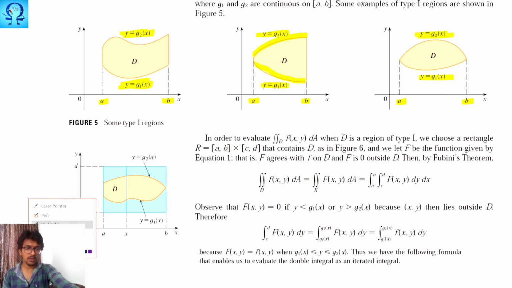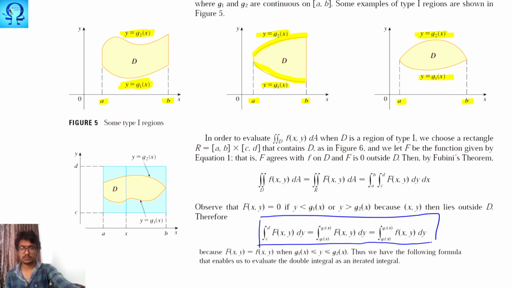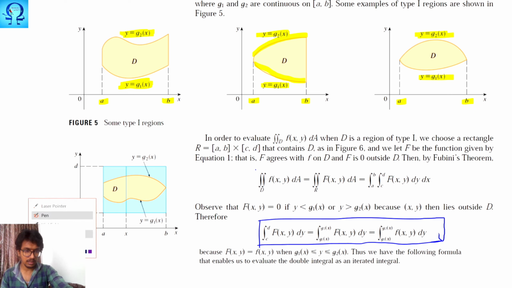In order to evaluate type 1 regions, what do we do? Initially we have it for a rectangle. Sorry, actually we have converted the general region to a rectangle. I shall better highlight things.